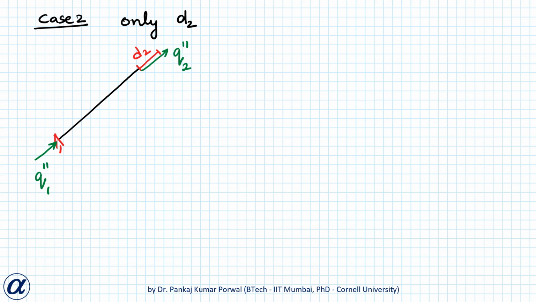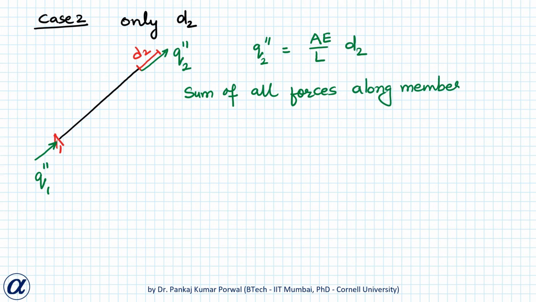Now from our previous analysis we know that Q2 double dash will be equal to AE by L D2, and from equilibrium of the member, if I write sum of all the forces along the member equal to 0, then I get Q1 double dash plus Q2 double dash equals 0.